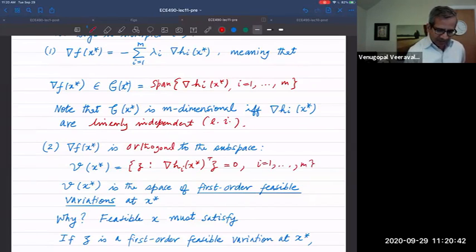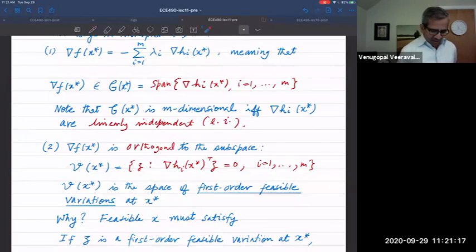This subspace is orthogonal to the span, and since the gradient of f is sitting in the span, the gradient of f is orthogonal to this subspace. It's easy to see why that's true: if you look at the gradient of hi at x star transpose the gradient of f at x star, since that is just a linear combination of the gradients of the hi, it's going to equal 0.